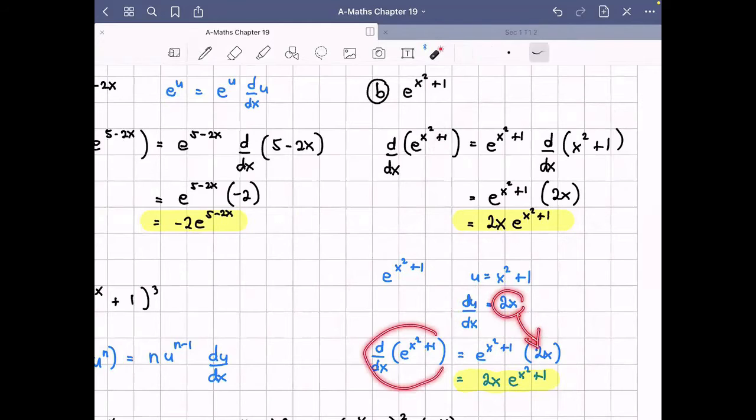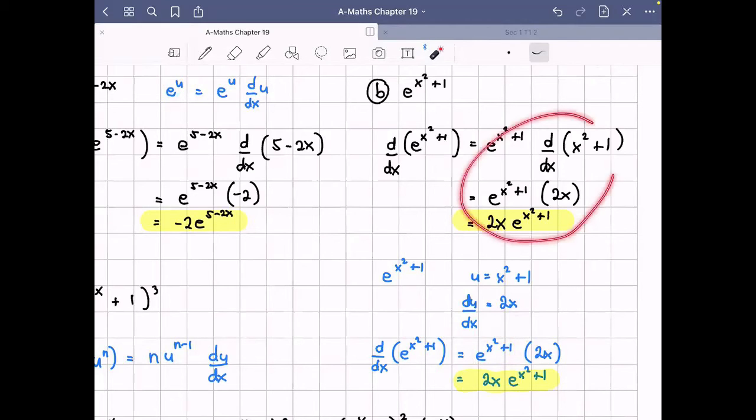So again, the derivative of this is equal to the same thing times the derivative of u. That's why you have this thing right here. It's up to you if you want to use the first one or the second one.